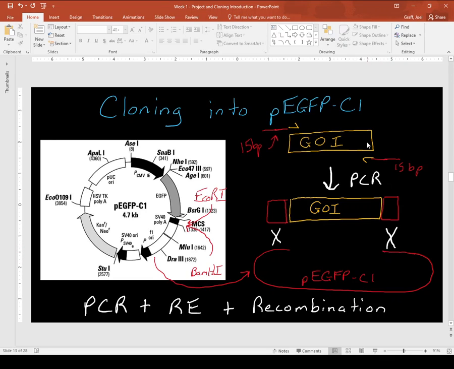C1 here. When we do a PCR using these primers that have a yellow part that's a gene-specific part, we get amplification of our gene of interest, and it's a double-stranded DNA construct that not only includes our gene of interest, but those 15 or more base pairs that we included in our PCR primers.